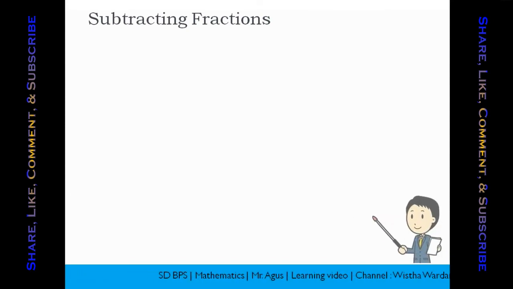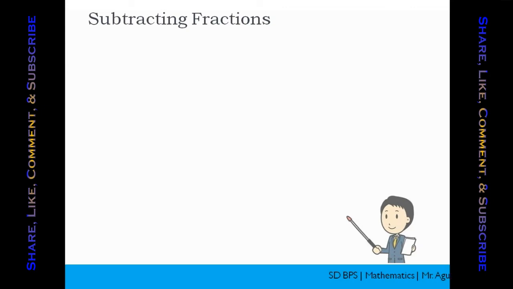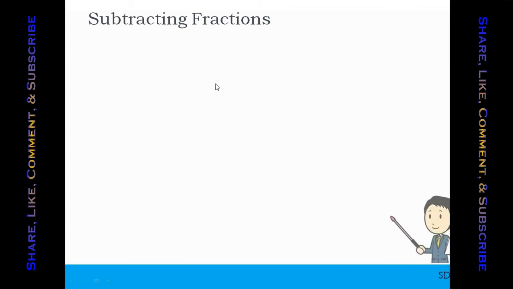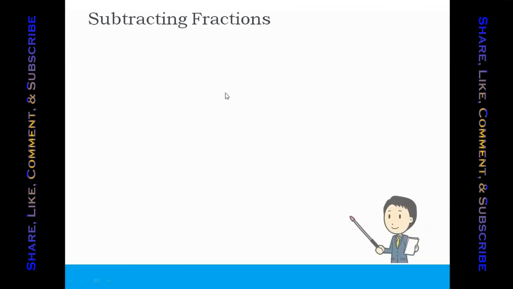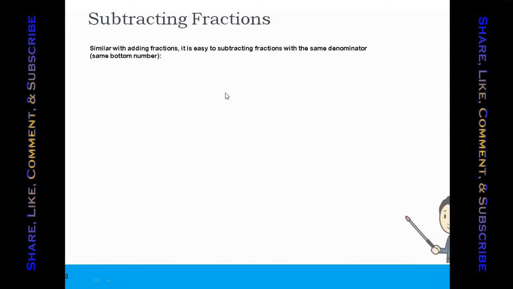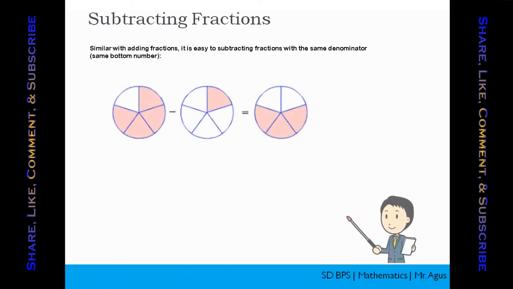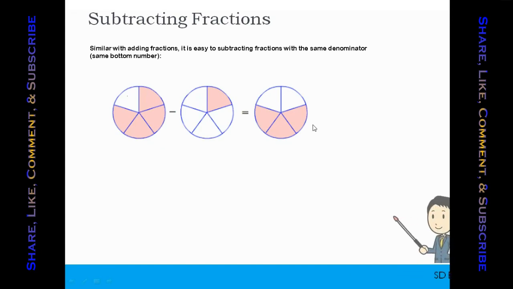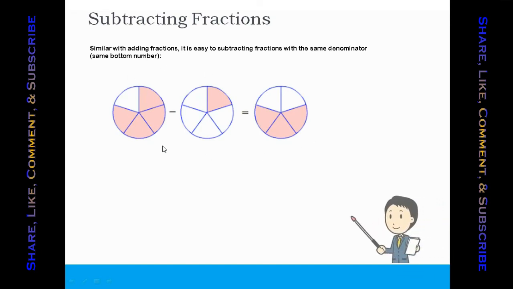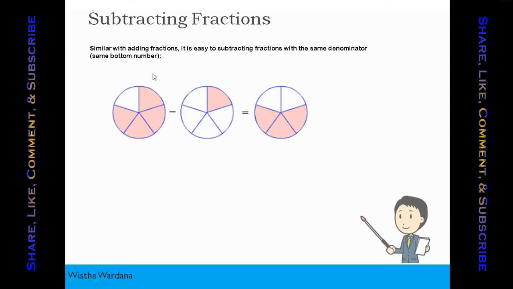The way to get the answer is similar to adding fractions. Let's try to answer an example. The first example, we have this figure. What is the fraction in the first figure?